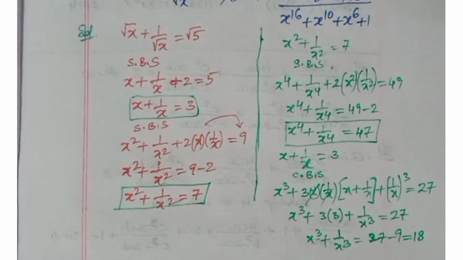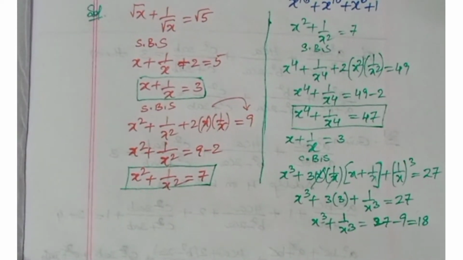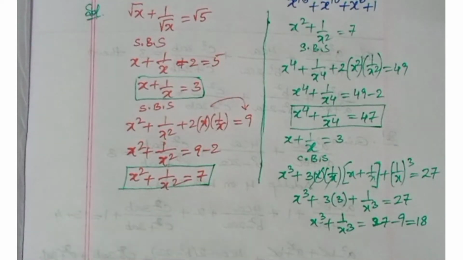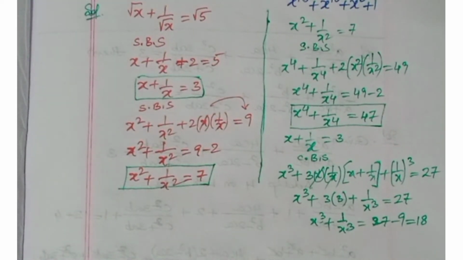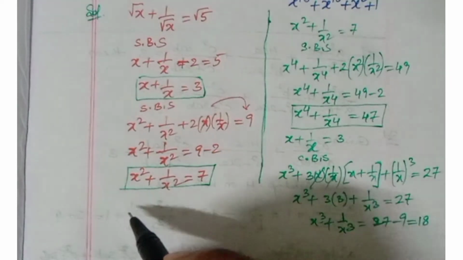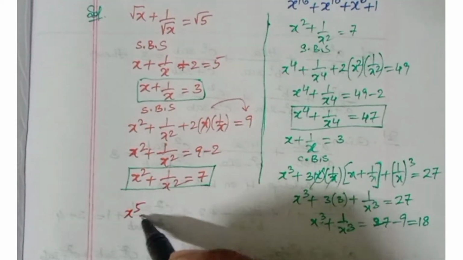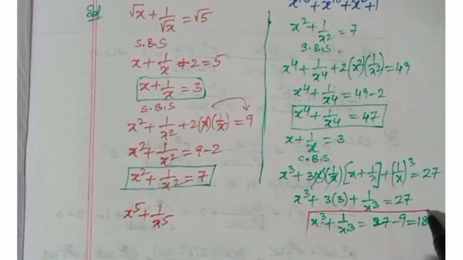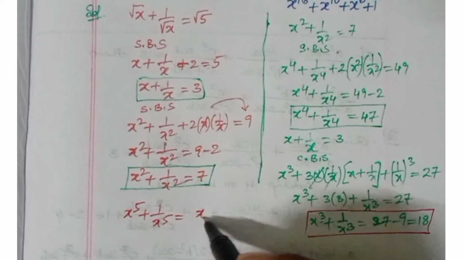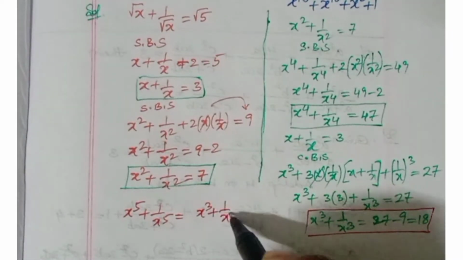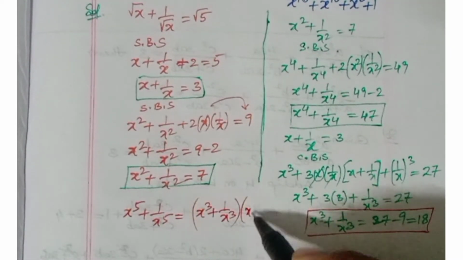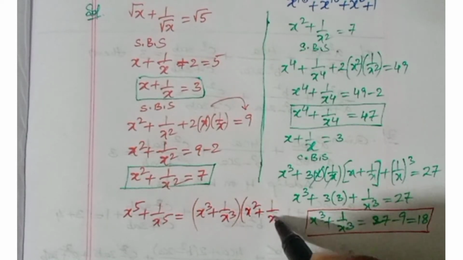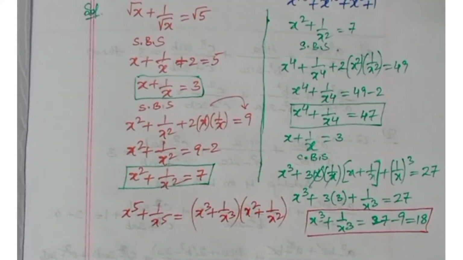Okay, now I want x power 5. x to the power of 5 plus 1 by x to the power of 5. So here you will multiply these two: x cube plus 1 by x cube into x square plus 1 by x square.